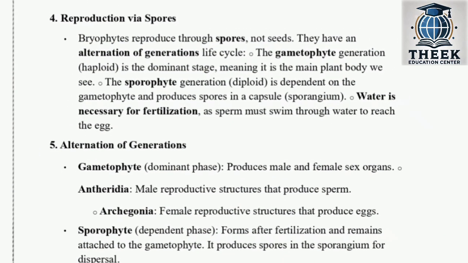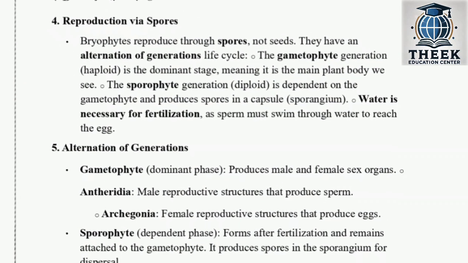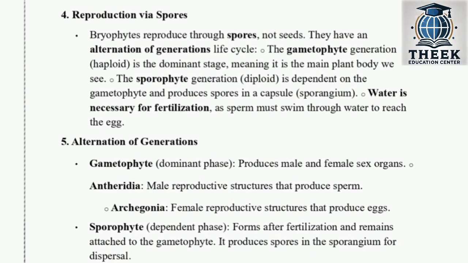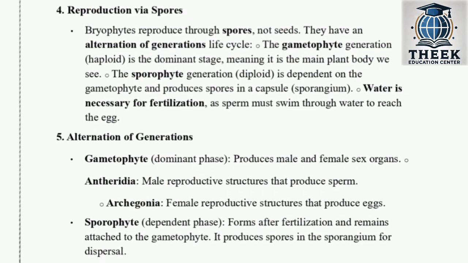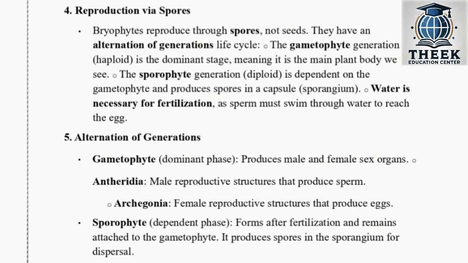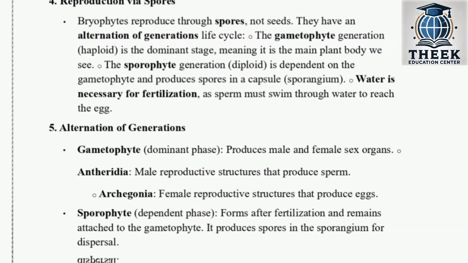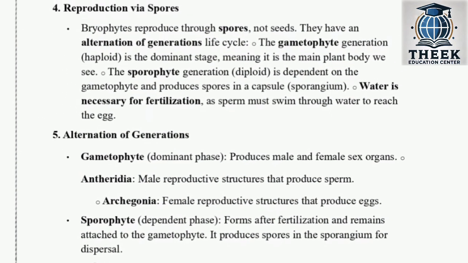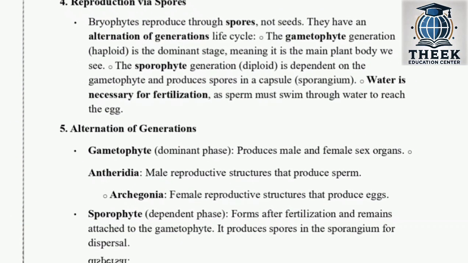Alternation of generations. The gametophyte, which is the dominant phase, produces male and female sex organs. Antheridia, the male reproductive structure that produces sperm.